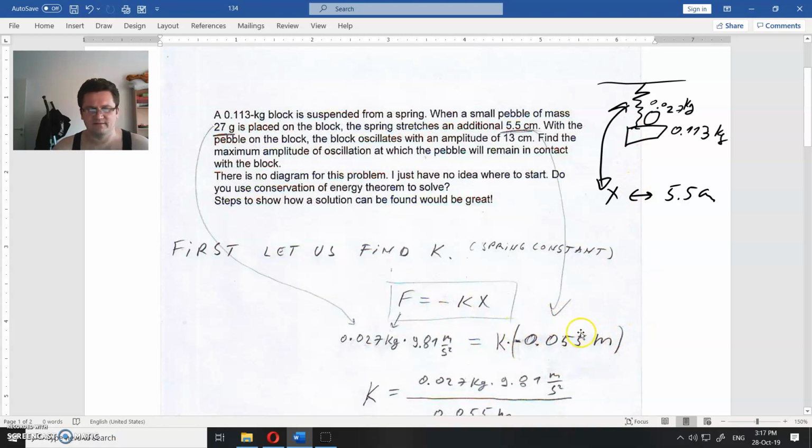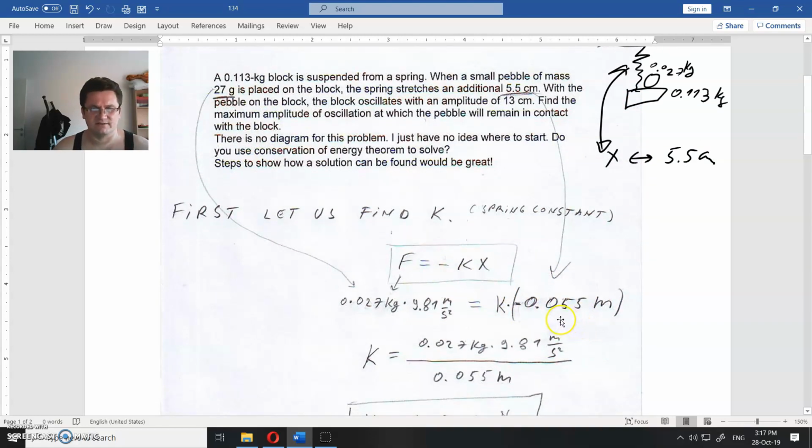Minus, plus, doesn't matter. We are interested in numbers, not in plus or minuses. So we don't need this minus here, but doesn't matter. Because of the presence of this mass, it stretched this much. And this is the force of the spring.